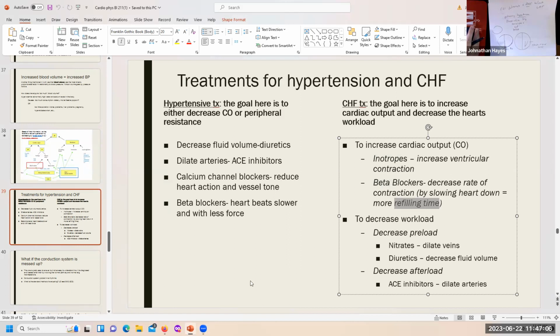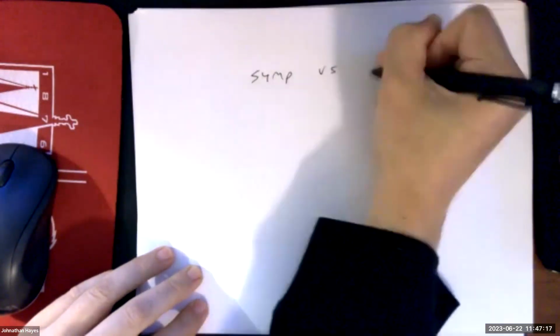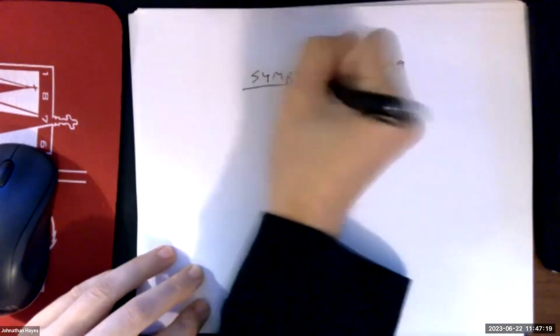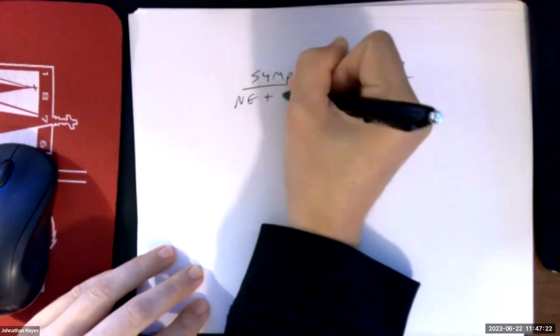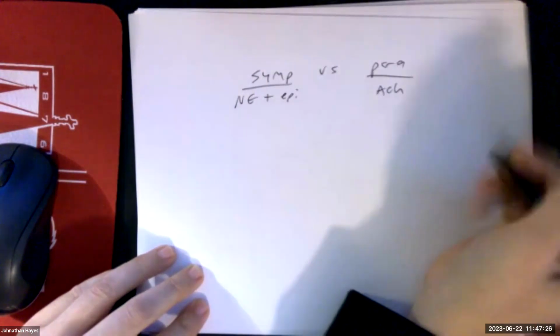So again, sympathetic innervation can increase both heart rate and stroke volume. And we determined that a long time ago before we even got into the heart, right? Sympathetic versus parasympathetic, norepinephrine and epinephrine, or adrenaline, acetylcholine, right?